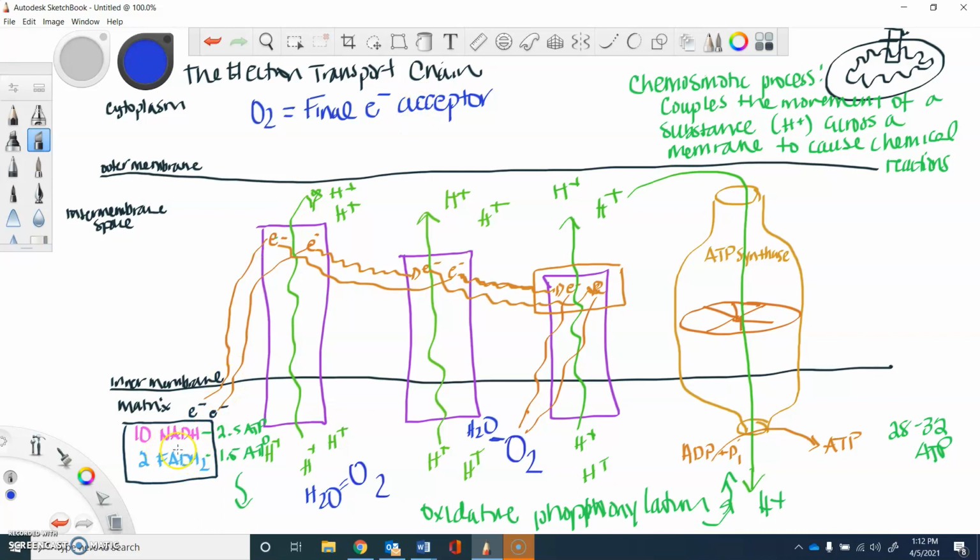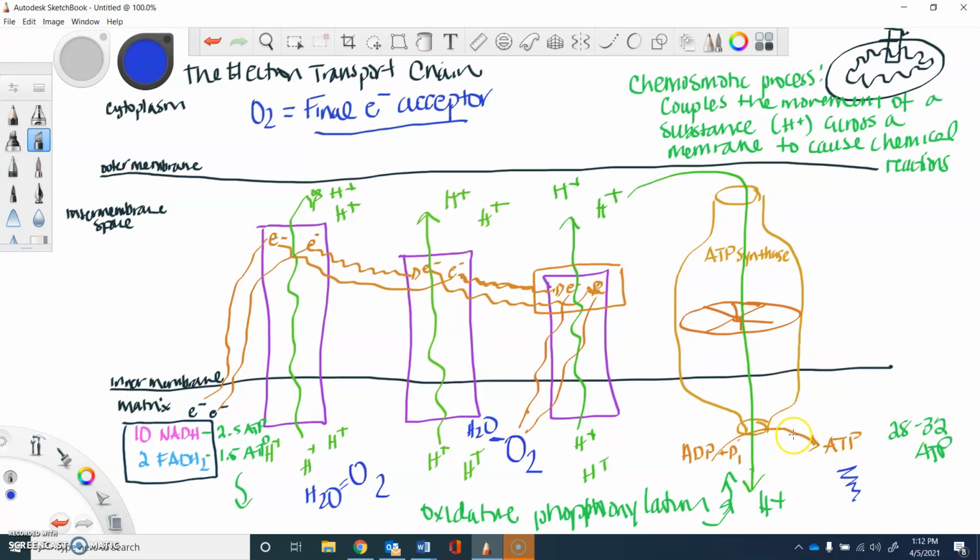They were already taken up by the carriers, and now they're being used on these proteins, and somebody else has got to get them. So that is oxygen. It takes up those electrons so that this electron transport chain can continue and we can finish making all this ATP.